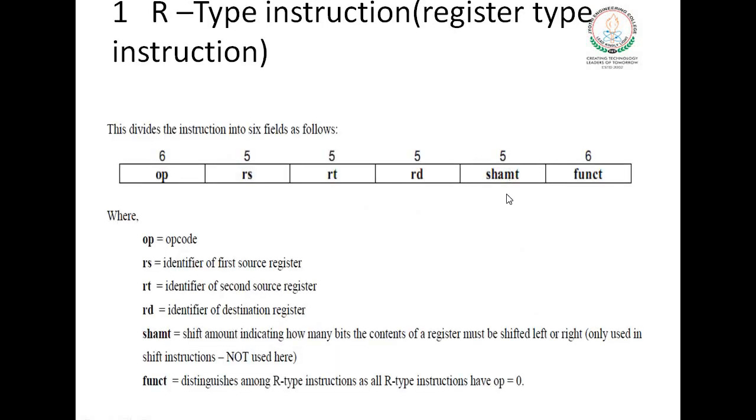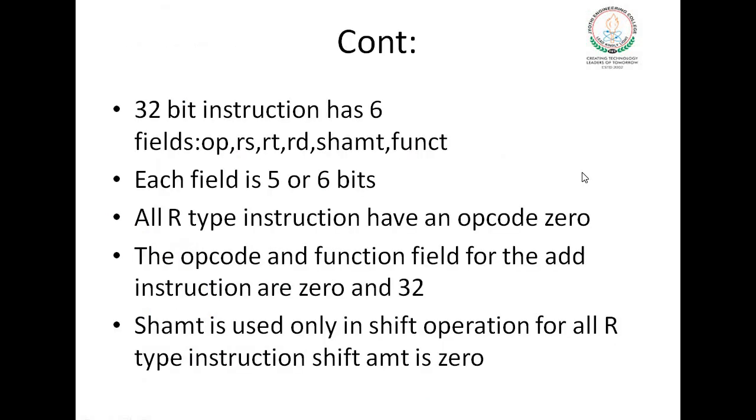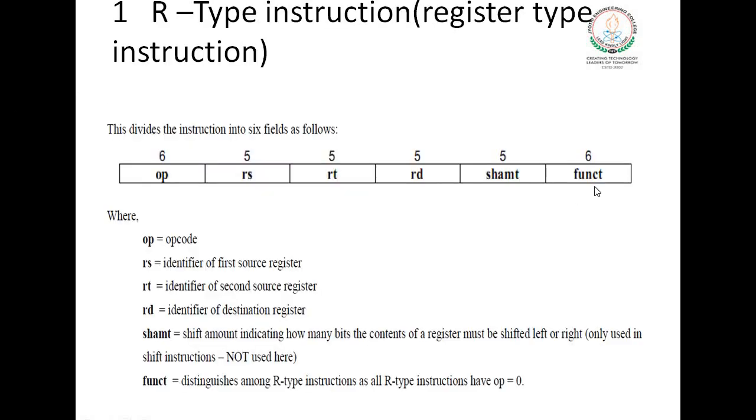Then all R-type instructions have shift amount 0. Last field is function field. Function field for the add instruction is 32 and for the sub instruction is 34.